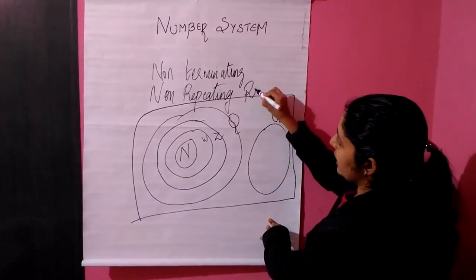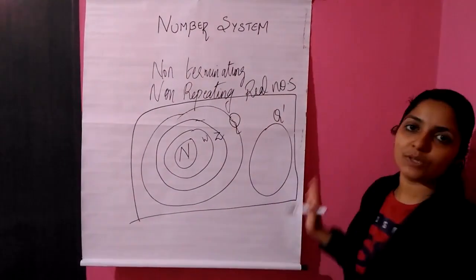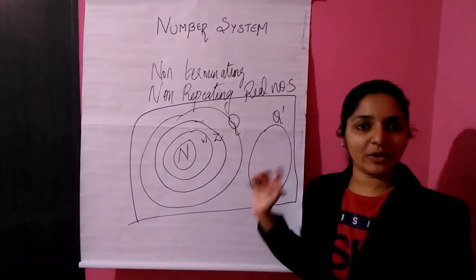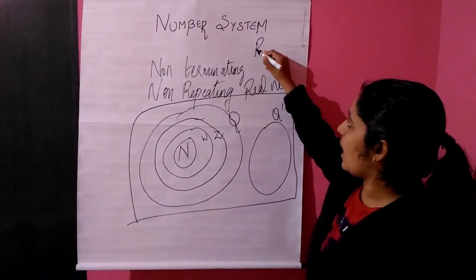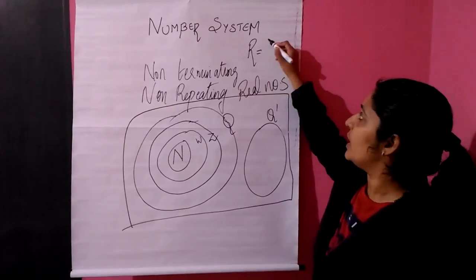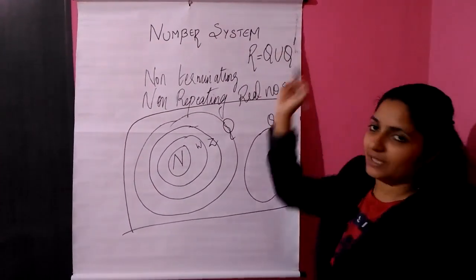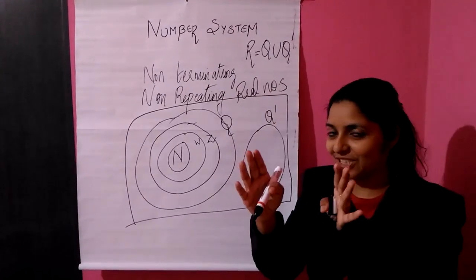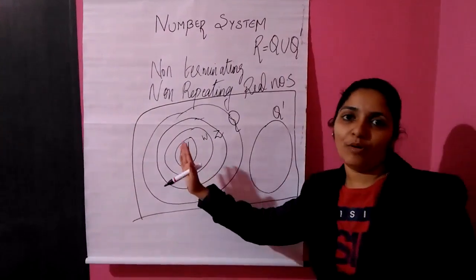All these numbers together come under real numbers. That is, real numbers, denoted by R, is the union of rational and irrational numbers. Rational plus irrational gives you real numbers. This is the web of the number system.